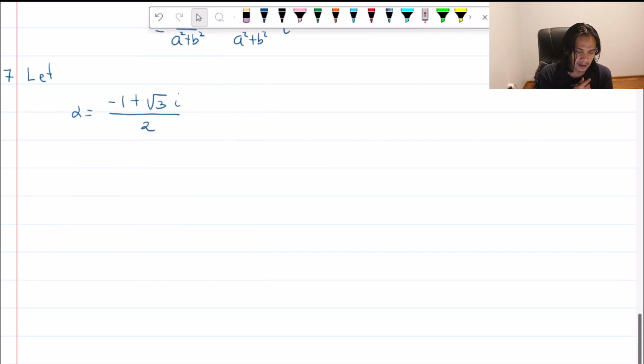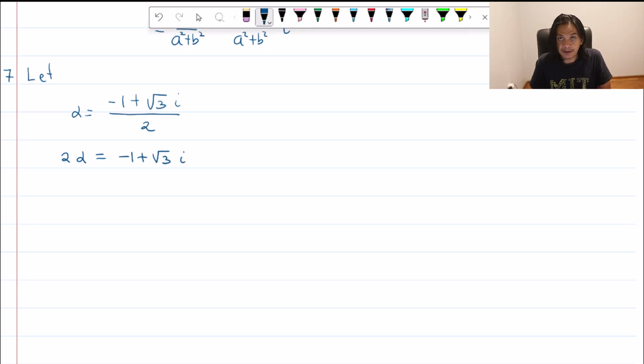To make it less messy, we can write down 2α = -1 + √3i, right?